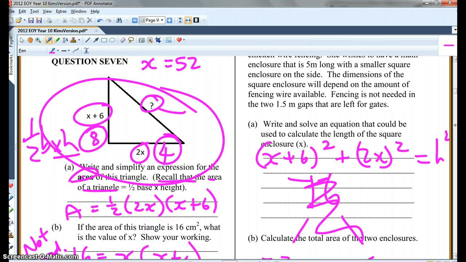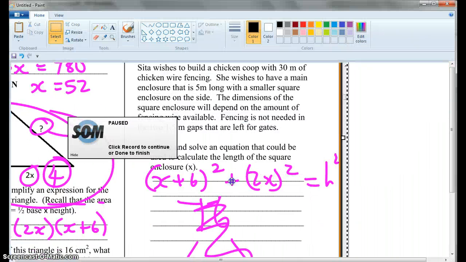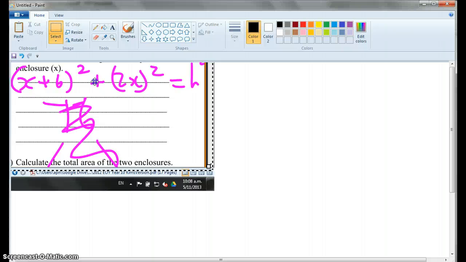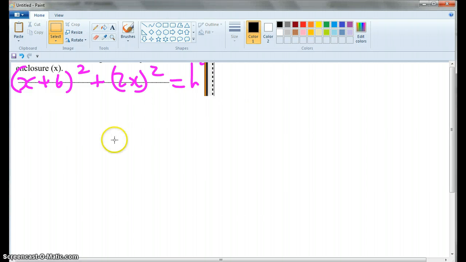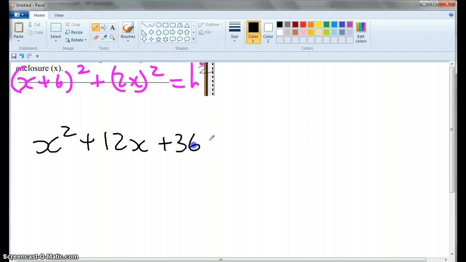I'm just going to move this here so we can get a bit of space for it, and here we go. So what do we do? Now remember that that's squared here, so we need to expand that. x squared plus 6x plus 6x is 12x plus 36 plus 4x squared equals h squared.